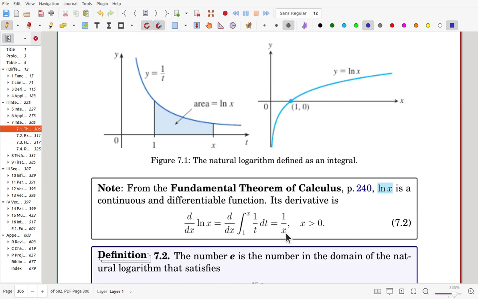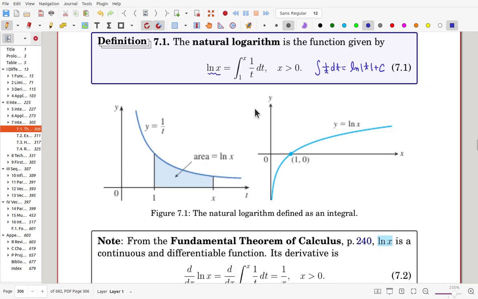Okay, also we can redefine the number e along with that definition. Once we replace x with e, then logarithm e will be 1, so that from 1 to e, the integral is 1.